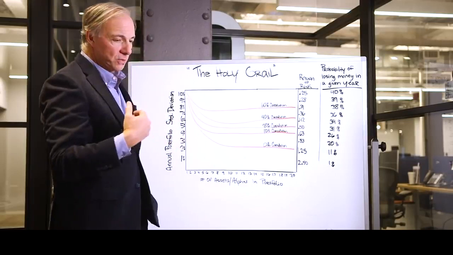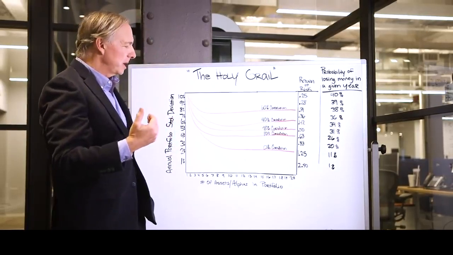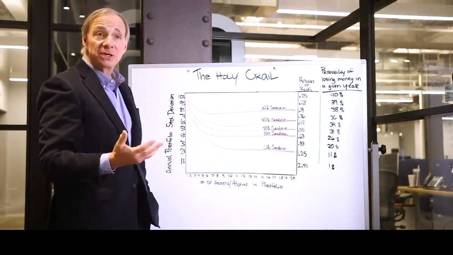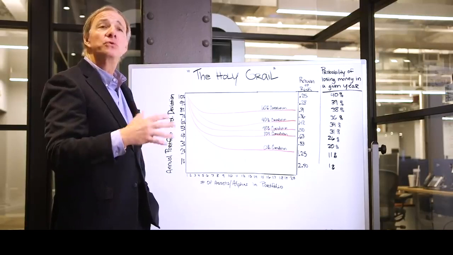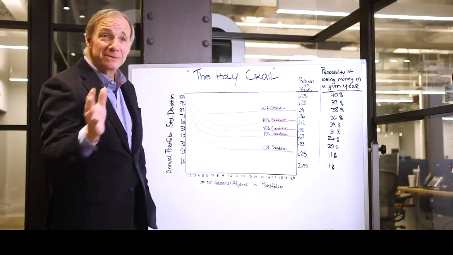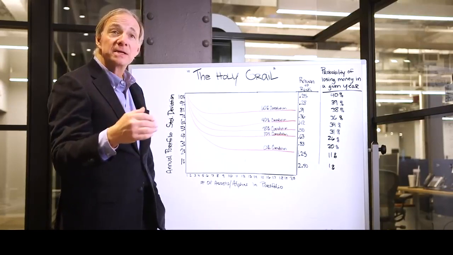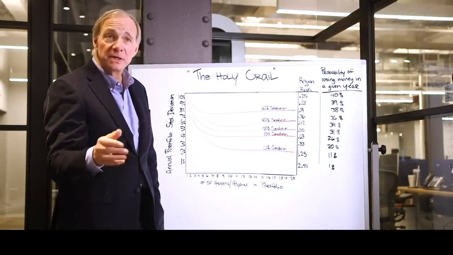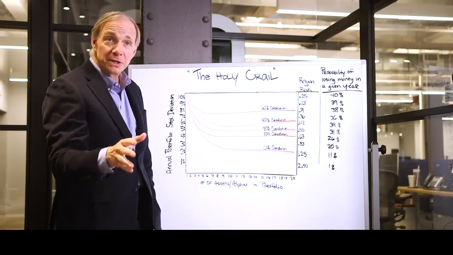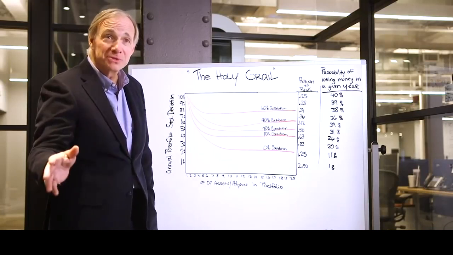What that taught me is the magic is you only need to do this simple thing: find 15 or 20 good uncorrelated return streams.